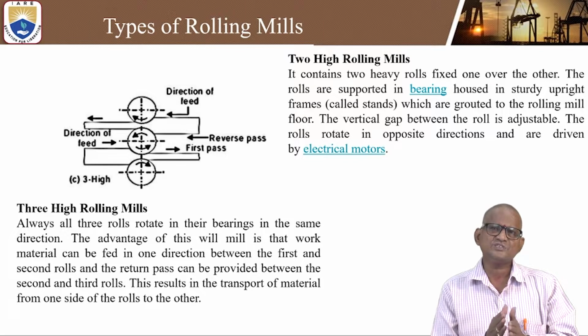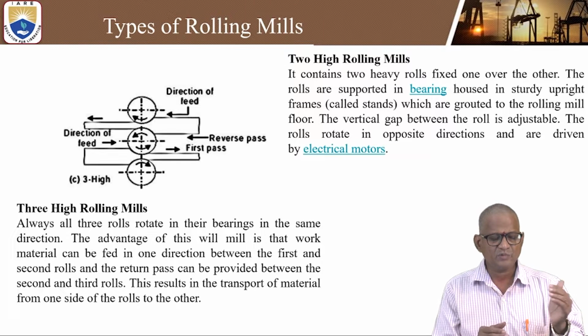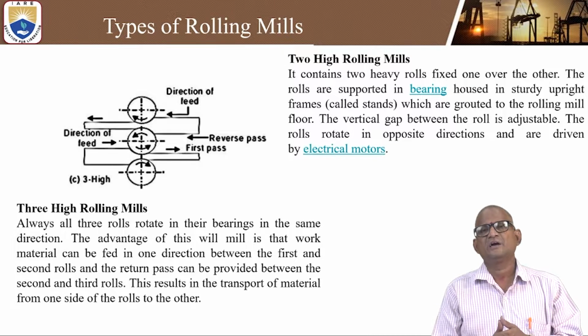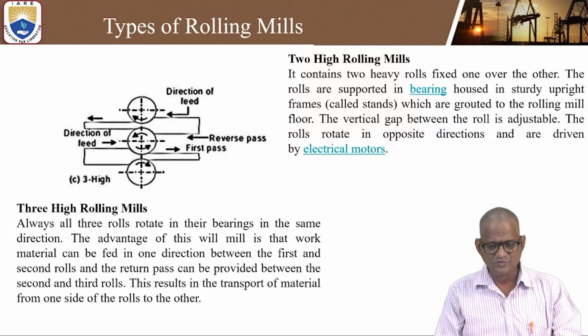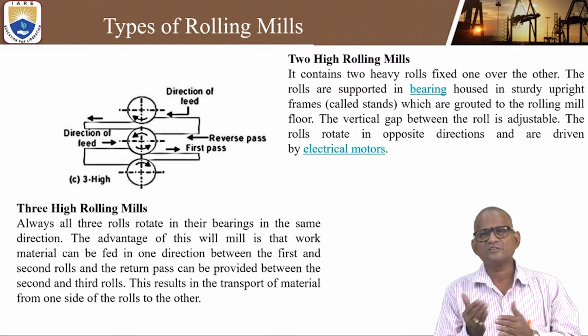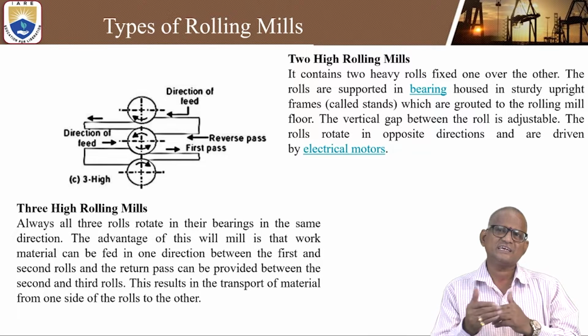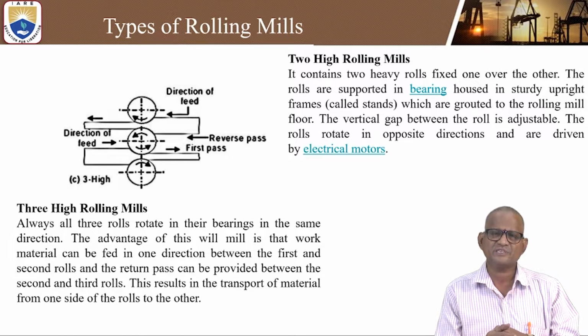Depending upon the usage, a number of rolling mills can be used, and there are a number of classifications: 2 high roll mills, 3 high roll mills, 4 high roll mills, cluster roll mills, planetary rolling mills. Like that, a number of rolling mills will be there.